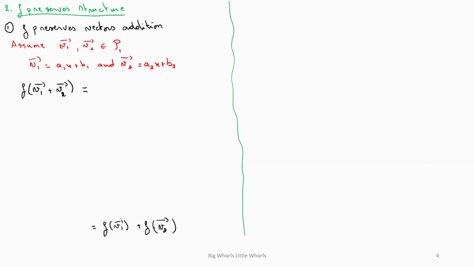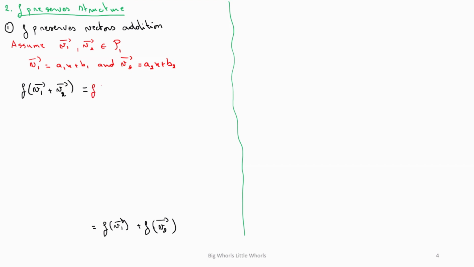Do you see how we prove that? It seems easy, but you just have to be careful about what you are asked to find, what you are proving. So we will assume f of V1 plus V2, and let's see if at the end it will give us f of V1 plus f of V2. For the moment, we don't know yet.